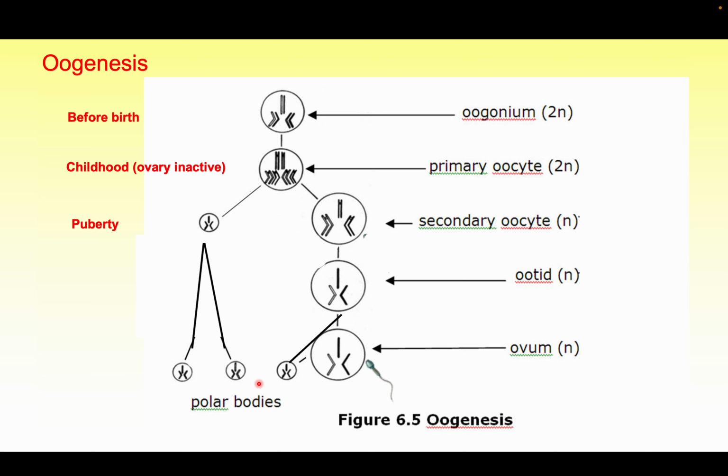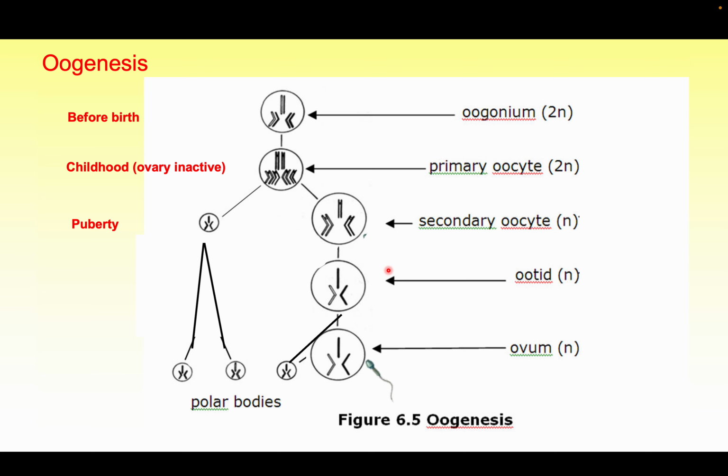Then during puberty, the secondary oocyte will be released after meiotic cycle 1. That secondary oocyte has a complement of one polar body, the first polar body.